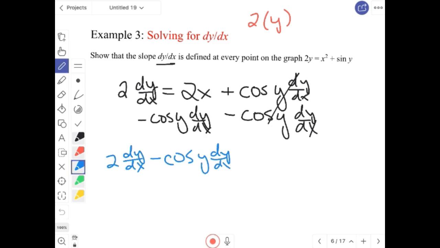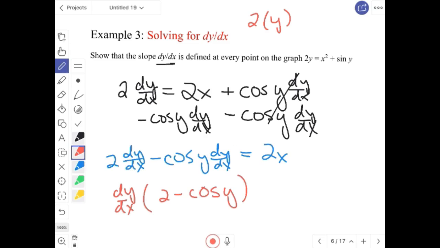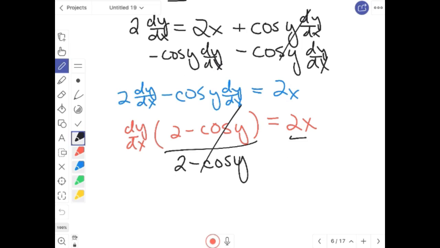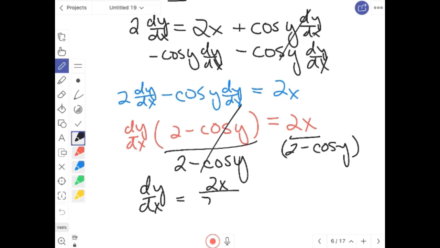Since both terms have a dy/dx, we can factor it out, so that'll give us dy/dx times (2 minus cosine of y) equals 2x. And then lastly, to solve for dy/dx, we're just going to divide by 2 minus cosine of y on both sides. So dy/dx is equal to 2x over 2 minus cosine of y.